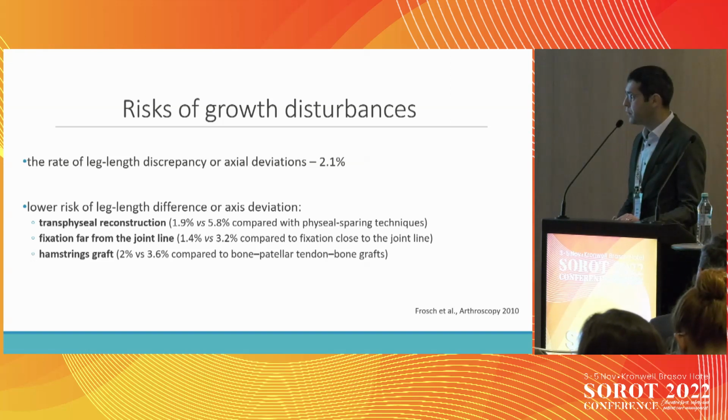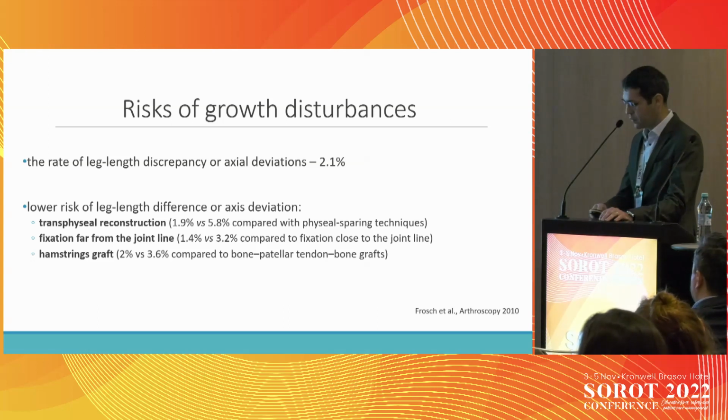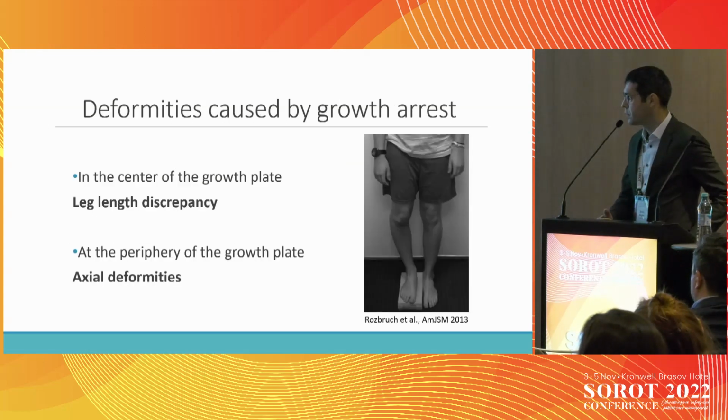We can reduce the risk of having leg length discrepancies or axial deviation by performing a transphysial reconstruction, by fixating the graft far from the joint line, and by using the hamstring graft, as it is not recommended to position the bone at the level of the growth plate, as it will happen if we use the patellar tendon.